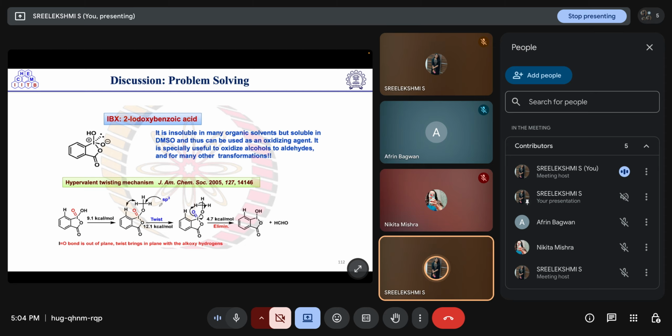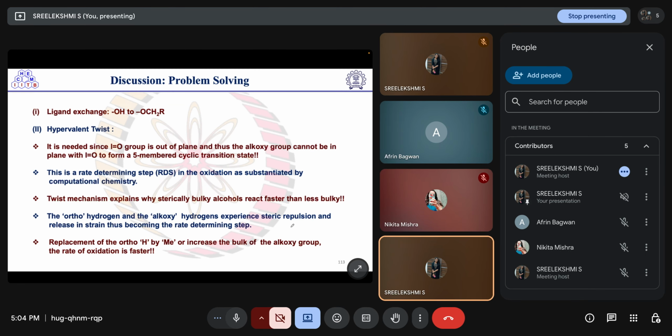Then one of the protons will be taken by the oxygen, that bond will shift over, and this will come over this iodine. So this will be the byproduct, and the oxidized product is formaldehyde. So basically we have oxidized methanol to formaldehyde using iodoxybenzoic acid.